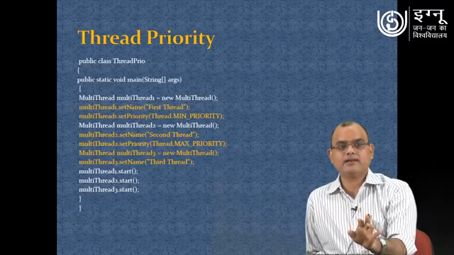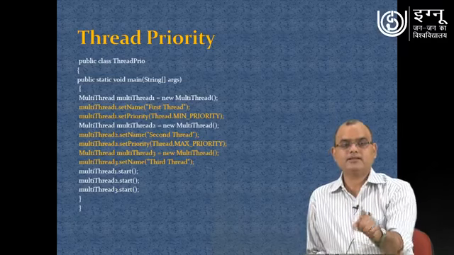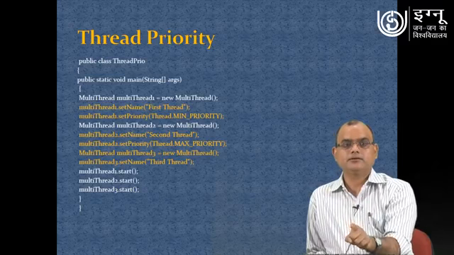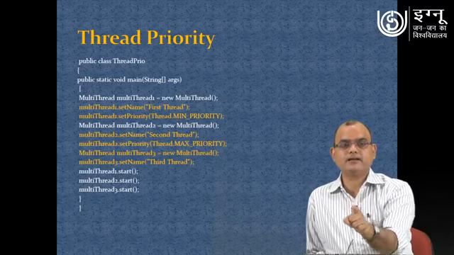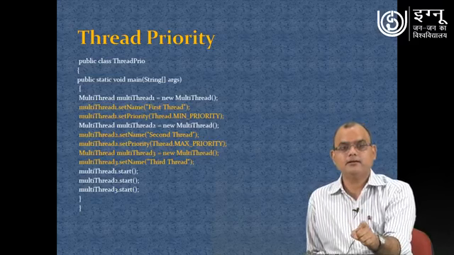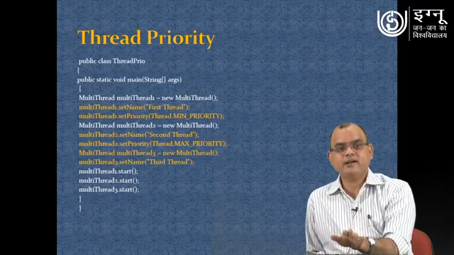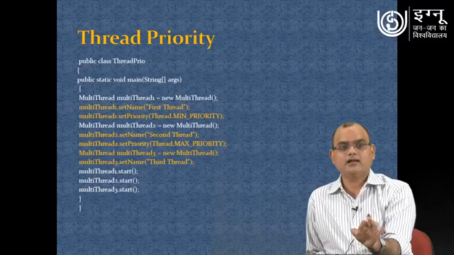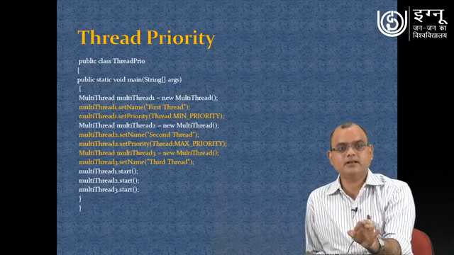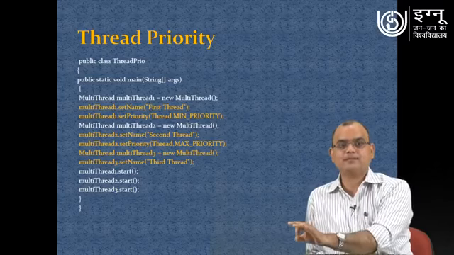Then again we have created a multi-thread 2 object. In that object we have again set the name of the thread as second thread, and that object has been assigned MAX_PRIORITY.